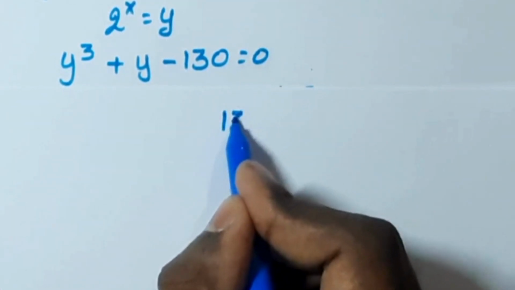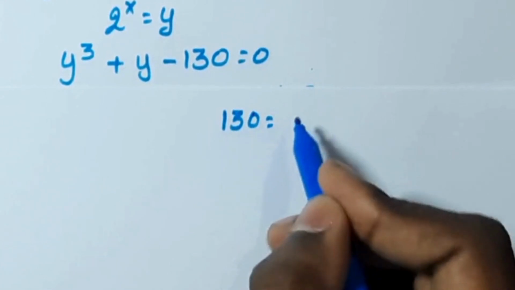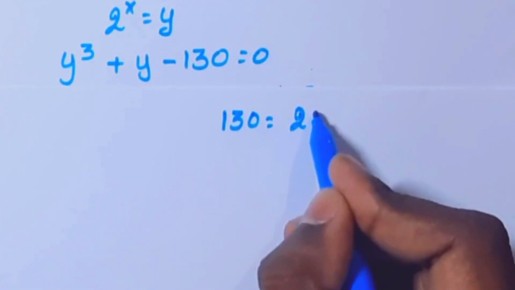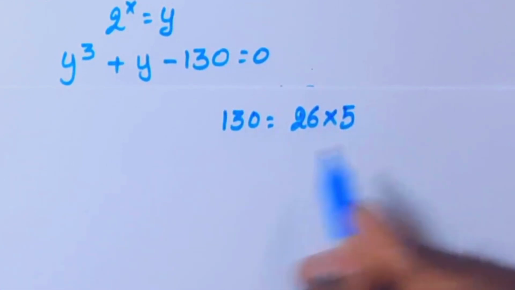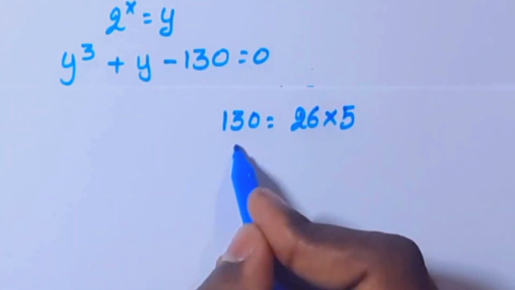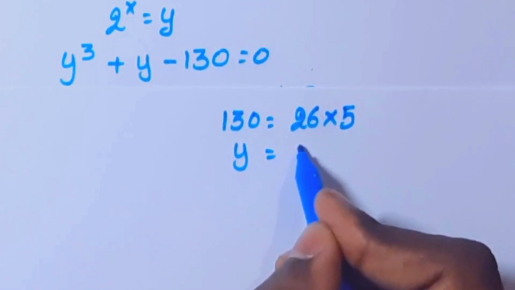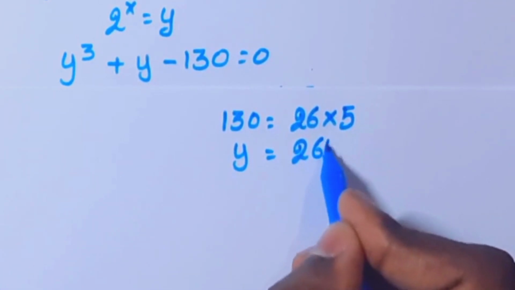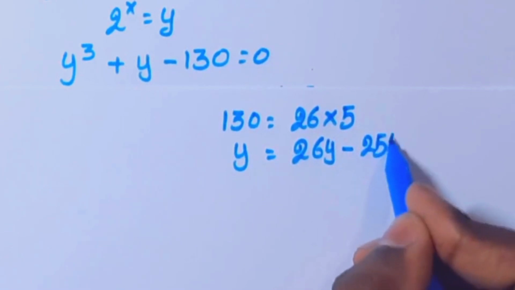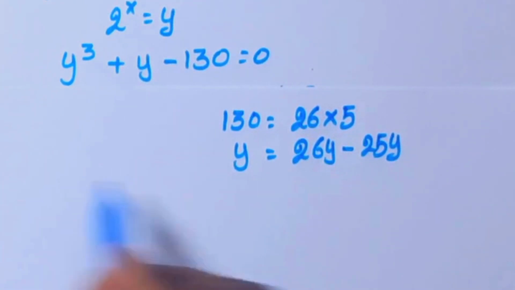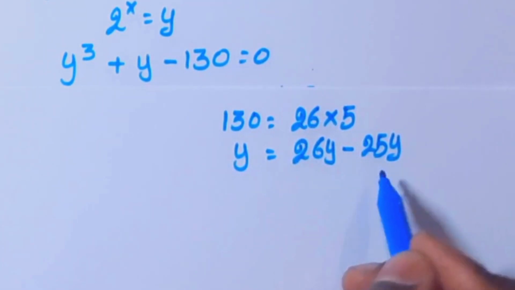130 can be written as 26 times 5. In the same way, this y can be written as y equal to 26y minus 25y. So now we are going to apply this y value here.